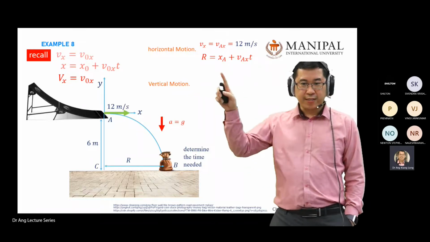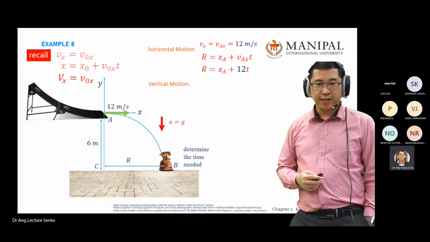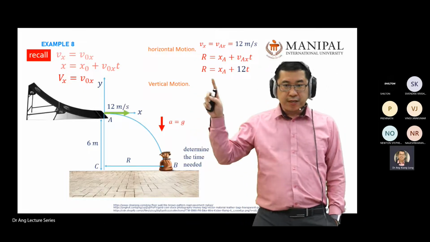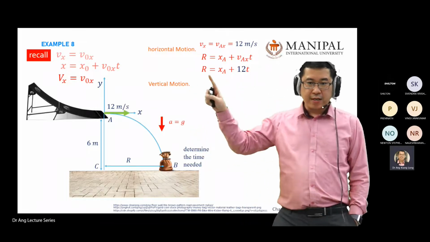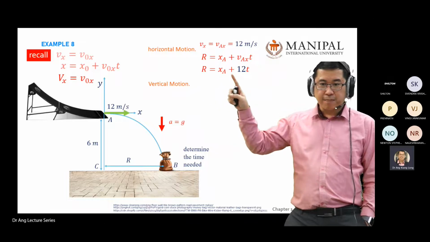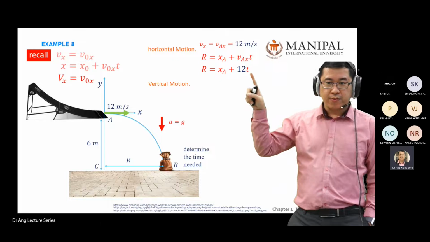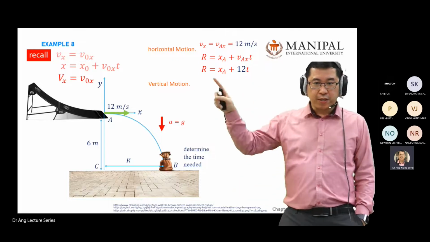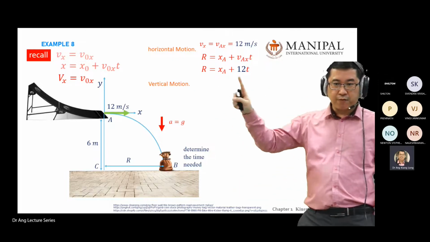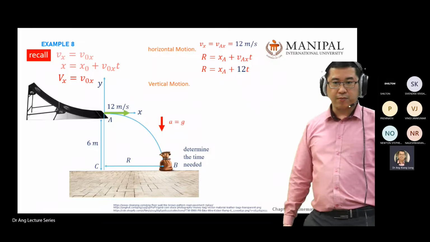If you understand this one, we move forward. You put in the answer, R equal to XA plus, you substitute Vax as 12, t. This will be the first equation for horizontal motion.